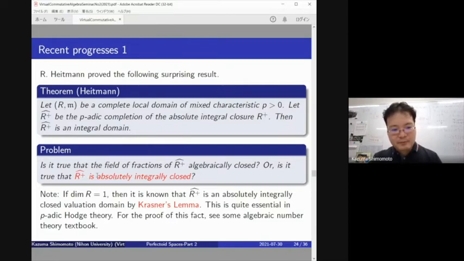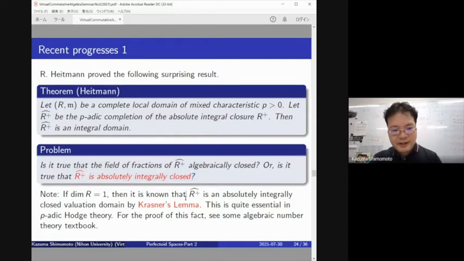And here's a problem. Actually, this is also a research problem, which I suggest to anyone who wants to do something about R plus. Is it true that the fraction field of this is algebraically closed? Or is it true that R plus hat is absolutely integrally closed?